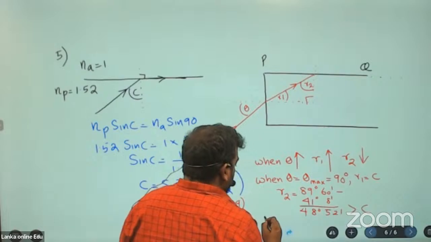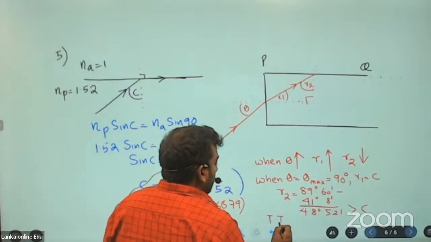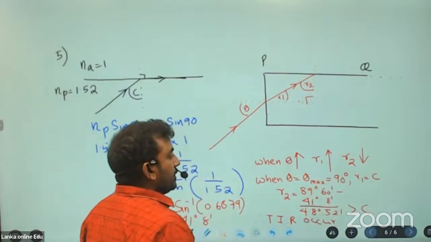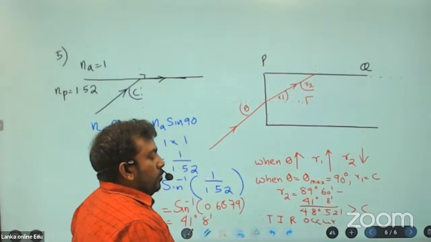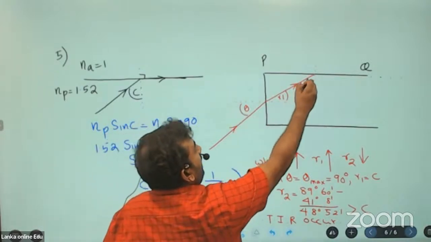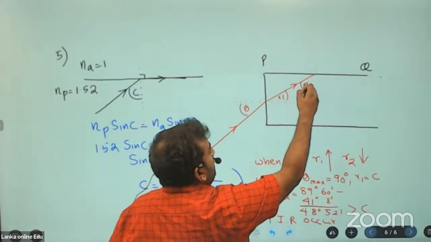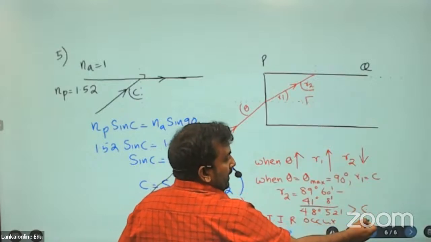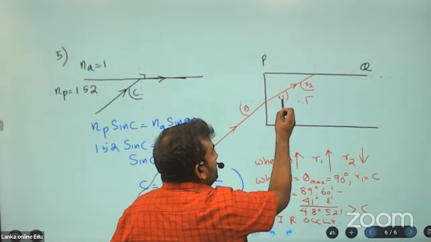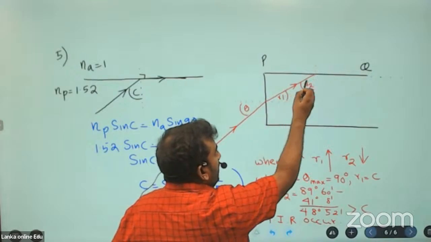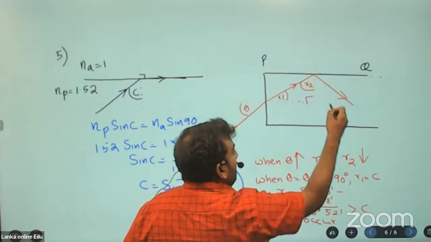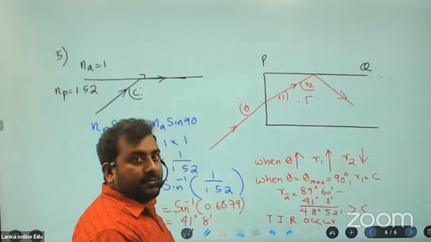Therefore, total internal reflection will occur. For the biggest angle, this will be the smallest, and still total internal reflection takes place. If the angle becomes smaller, R1 becomes smaller and R2 becomes larger, and it will anyway be greater than the critical angle.